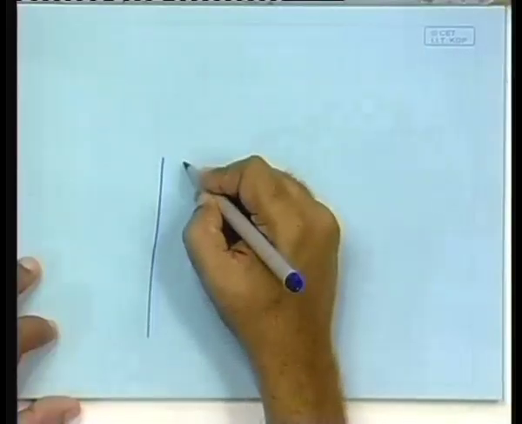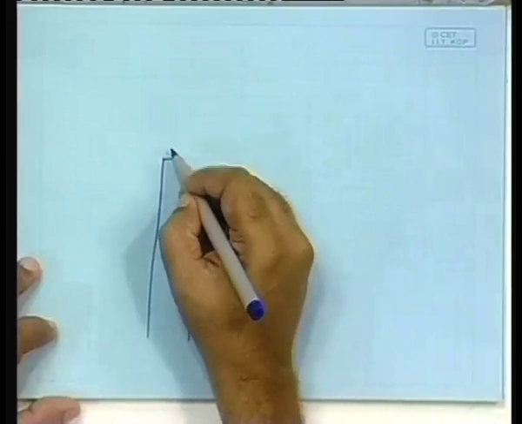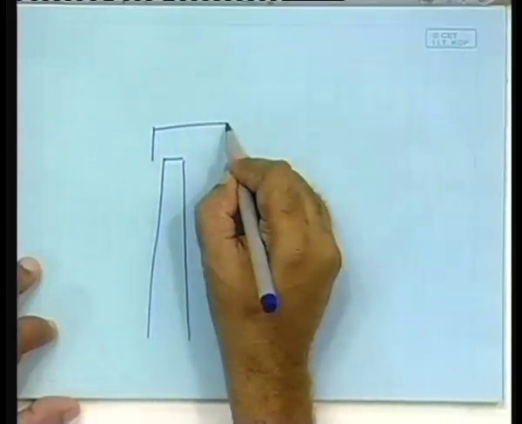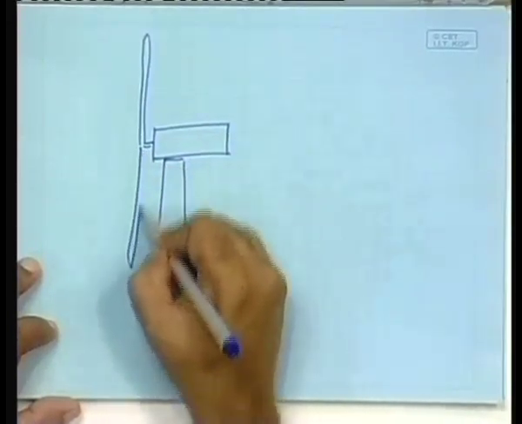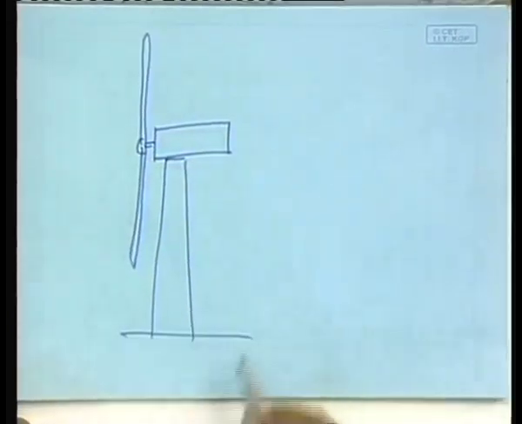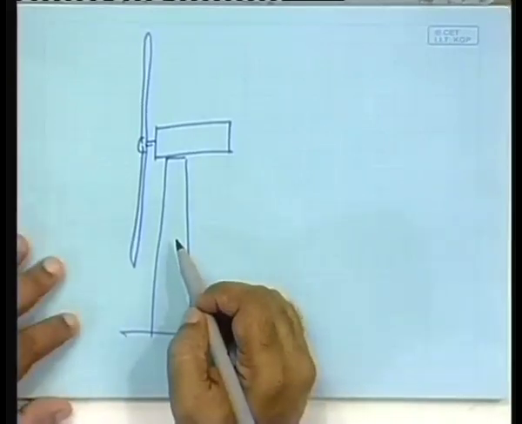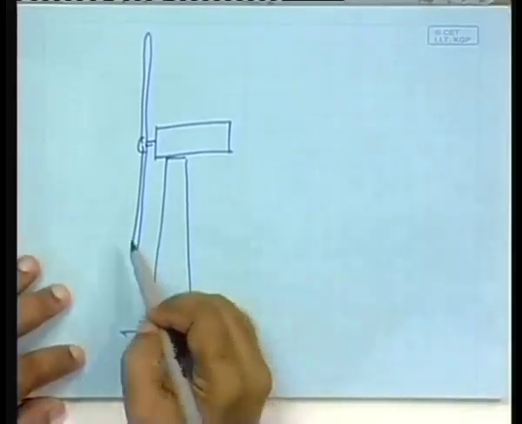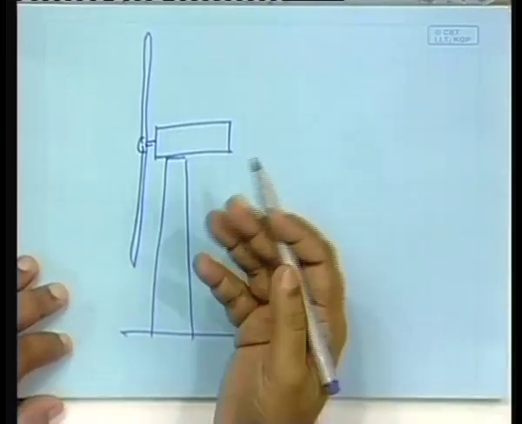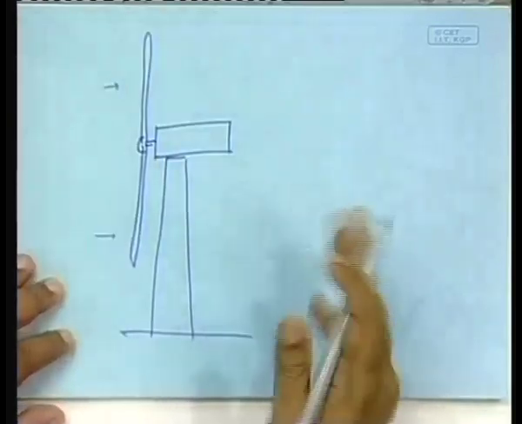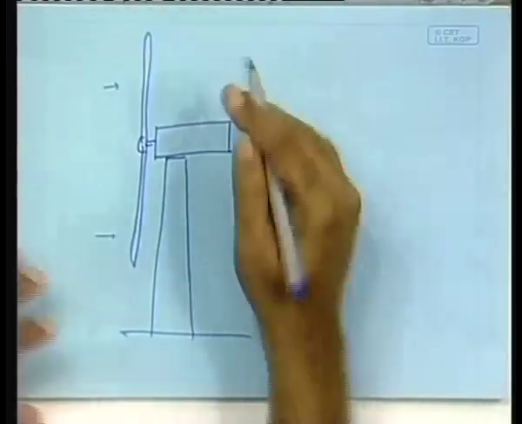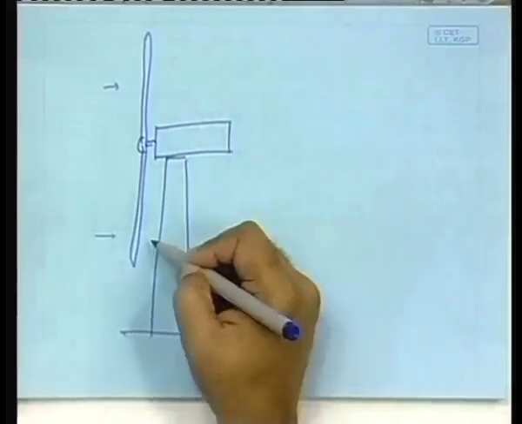But just imagine this particular issue, that you have a tower and on top of that you have this structure and then the blade. Obviously, there are some rotors that work upwind like this, so that the wind comes from the front side. There are also rotors which are designed so that the wind comes from the other side.